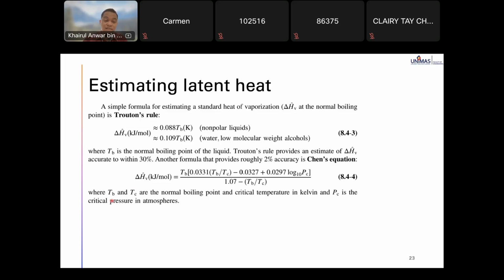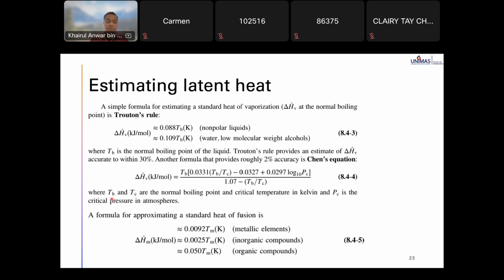Tb is the boiling point, Tc is the critical temperature, available in Table B1, and Pc is the critical pressure. That's it. Also in Table B1, Pc.